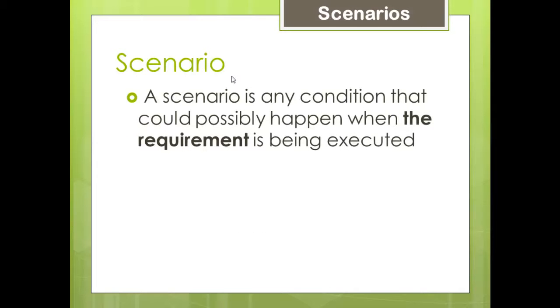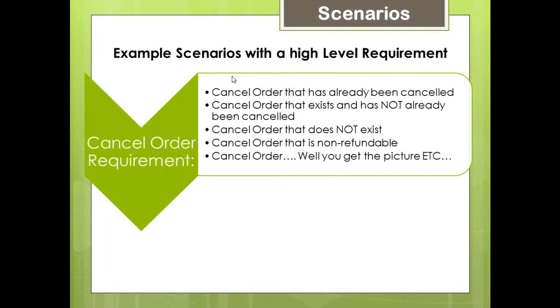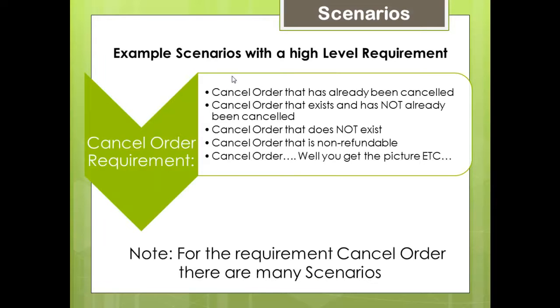So a scenario basically is any condition that can possibly happen when the requirement is being executed. Here's an example. The business says we have a requirement, an online requirement of canceling an order. We want to have a cancel order ability on our online or some type of IP.